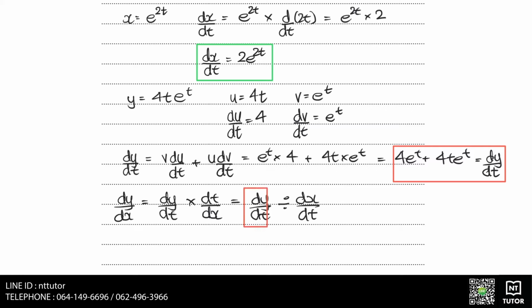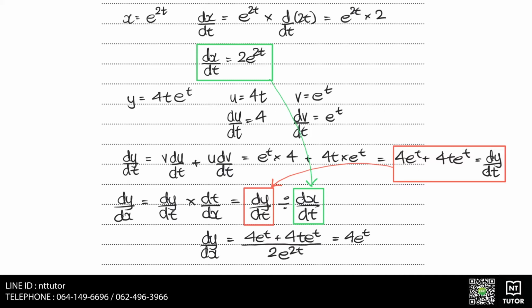So we need to divide those two expressions we got for dx over dt and dy over dt. The top and the bottom of the fraction have common factors, so we can simplify the fraction.